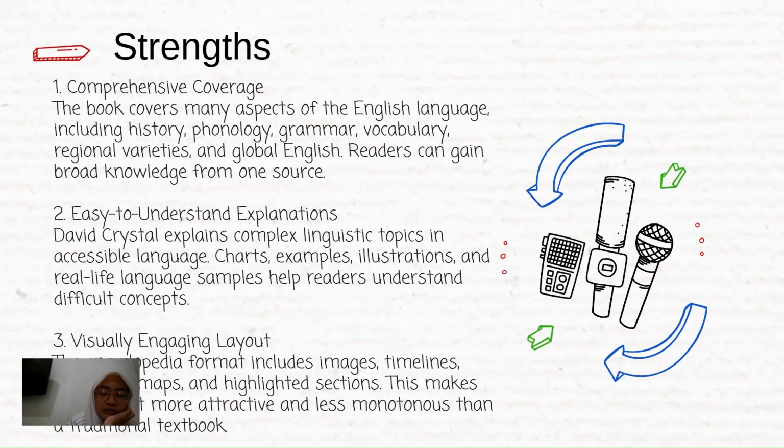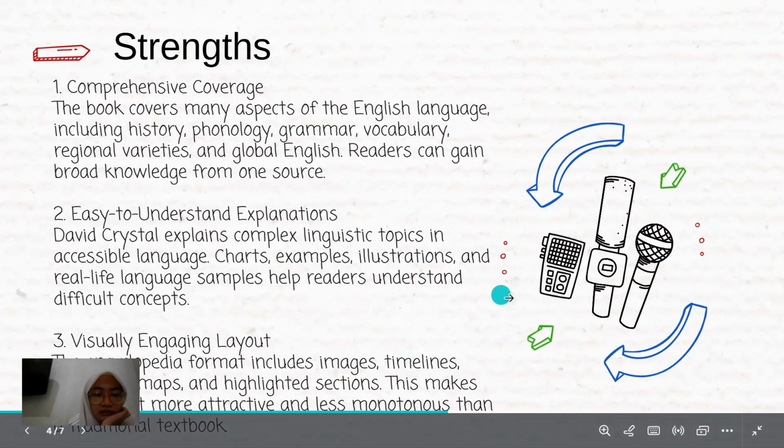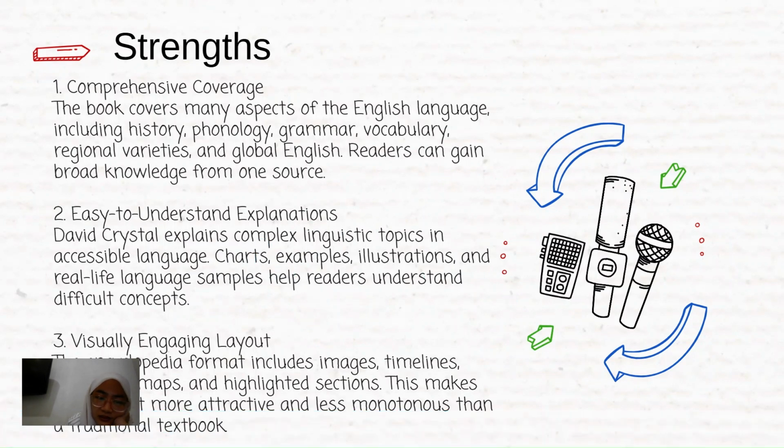And the second is easy to understand explanation. David Crystal explains complex linguistic topics in accessible language. Like I said, it provides charts, examples, illustrations, and real life samples to help readers understand difficult concepts. So it makes the topic more relatable to us. And the third strength of the book is a visually engaging layout.